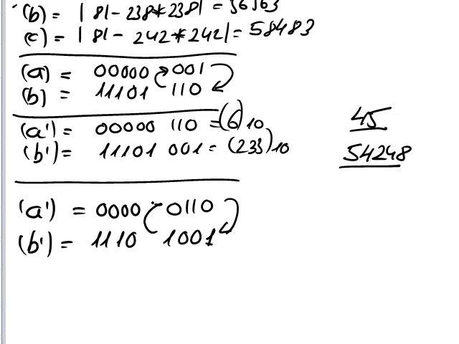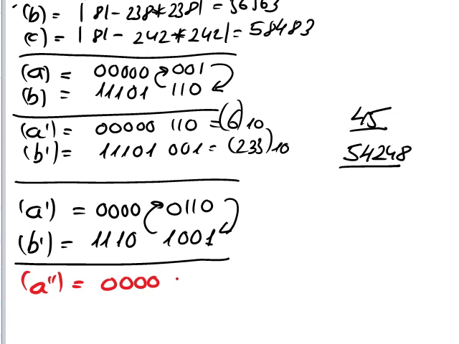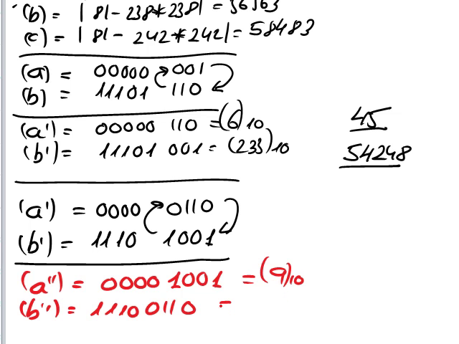This goes here and this goes here, and we get a new result, which I now write in red, which is A prime prime equals 00001001, and B prime prime equals 11100110. This is 9 in the decimal notation. This is 230 in the decimal notation.